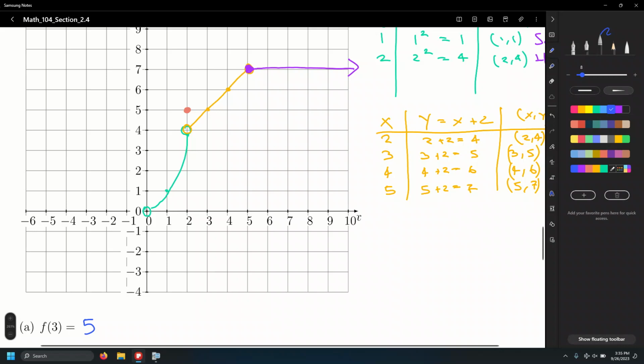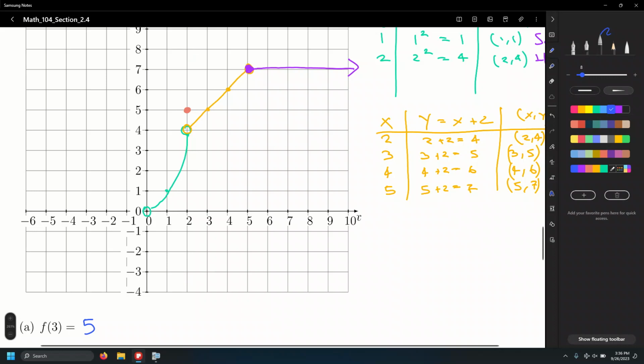So, you know what? In this situation, let's just pretend that this point is covered here, because whether that point is here, there, or there, the value of x equals 2 is still an okay input for the function, regardless of what the y value, the output, is. So in this case, we can go from 0 all the way to infinity.